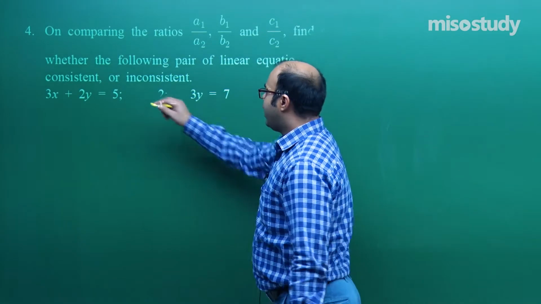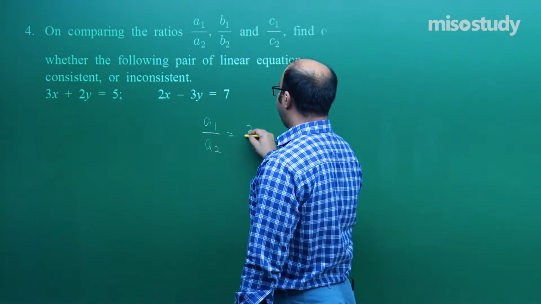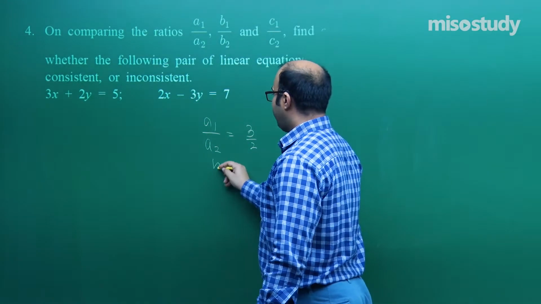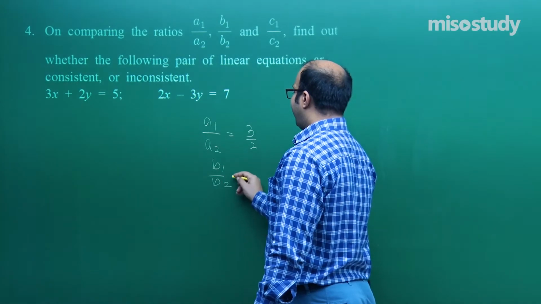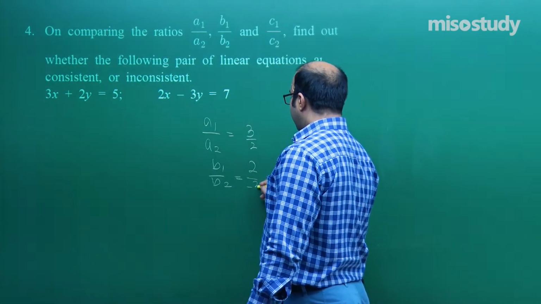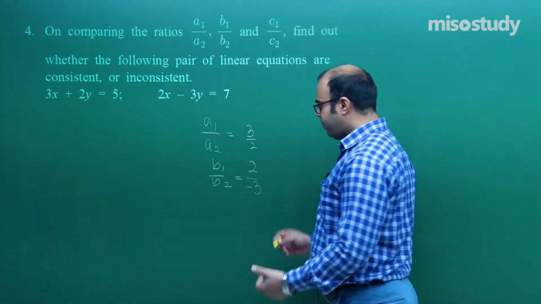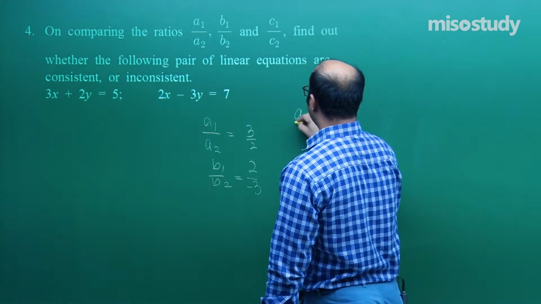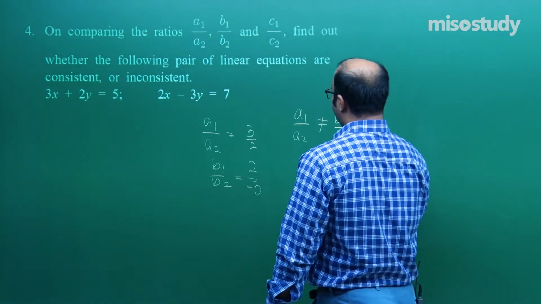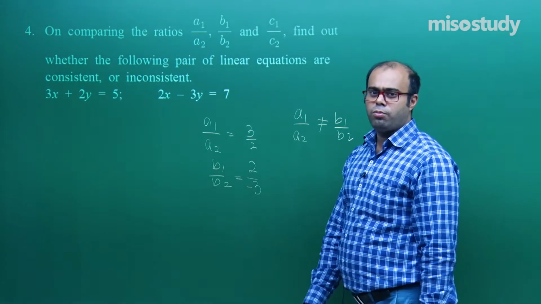So let us check. Here we take a1/a2, and it will be 3/2. As we see here, a1 is 3 and a2 is 2. If we take b1/b2, what do we get? We get 2/(-3). So if we observe here, we need not find c1/c2 even. a1/a2 is clearly not equal to b1/b2. a1/a2, 3/2, is 1.5 and -2/3 is -0.66.